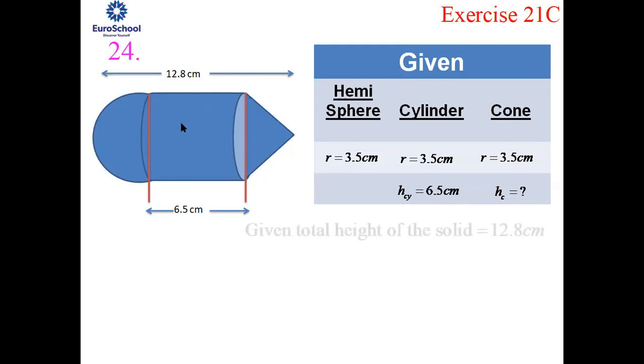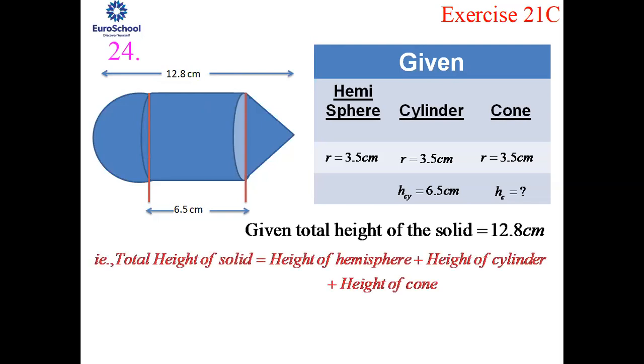Ma'am, the height of the hemisphere will be equal to its radius. Radius, exactly. I think we saw it in one of the questions yesterday itself. In a hemisphere, we draw the line from over here, from the center of the hemisphere to any part of the hemisphere, and that denotes your radius.